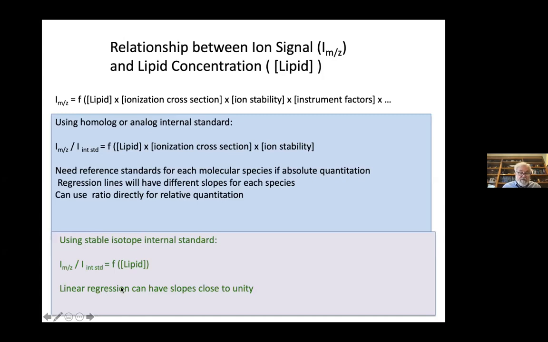And these slopes actually come very close to unity, if not perfect unity. It depends on the purity of the internal standard. But the reference methods are really important to at least reduce you down to this sort of relationship. And you have to live with the fact that you can't correct for ion stability and ionization cross-section because you have different internal standards.